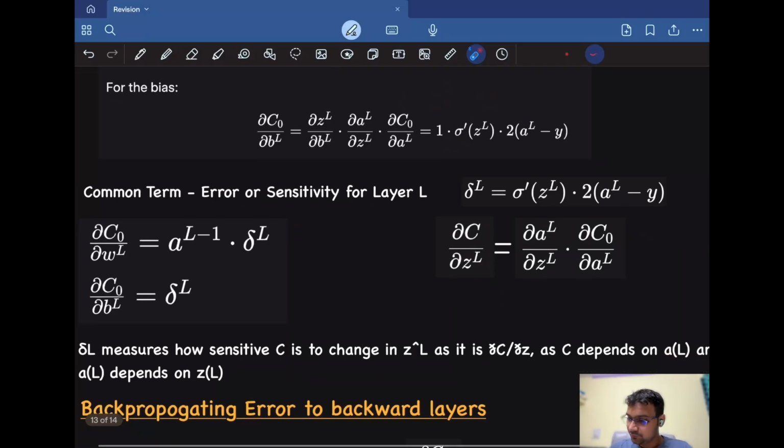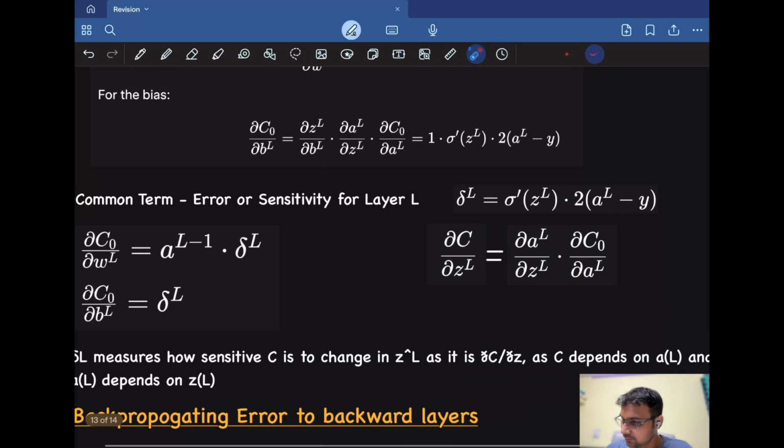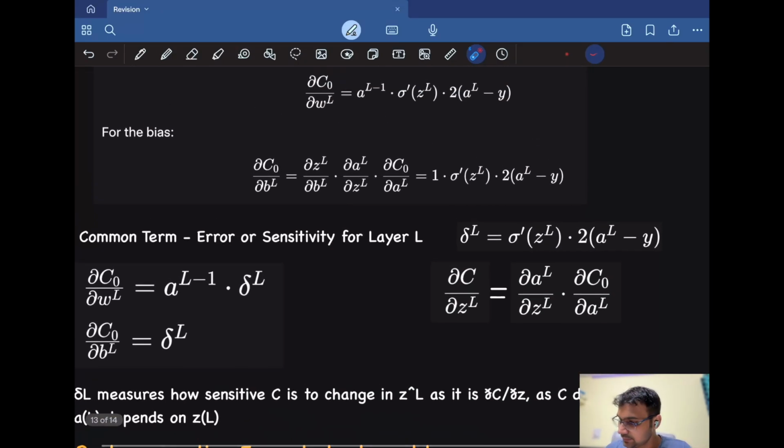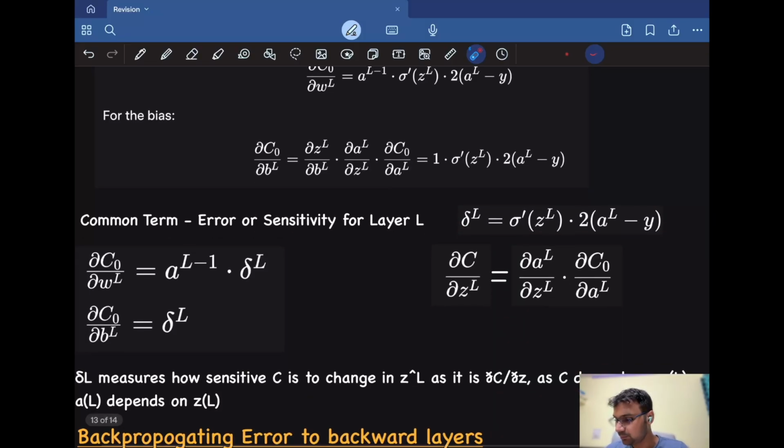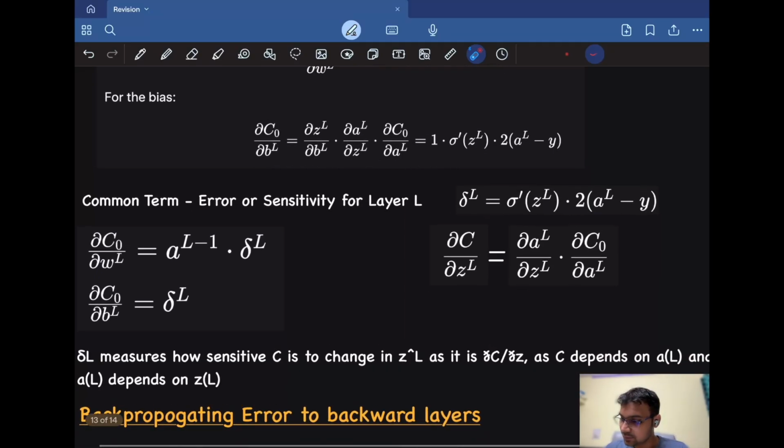If we quantify this term, this is delta L. We segregate this term, which is this value. This is an important factor as we see how error propagates backward. It is nothing but the gradient of the cost function, the derivative of the cost function with respect to the z value.